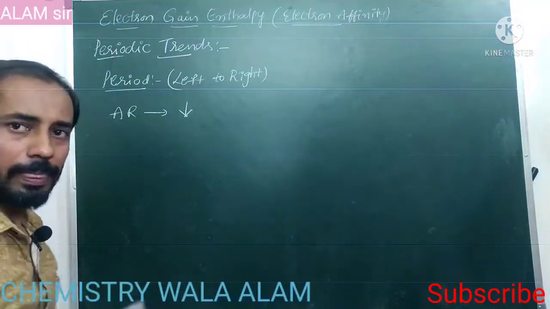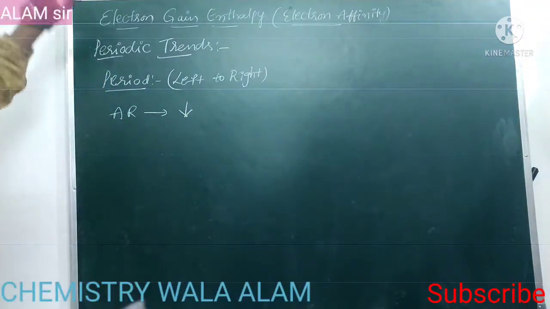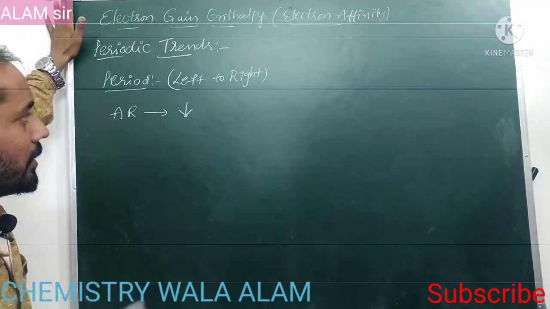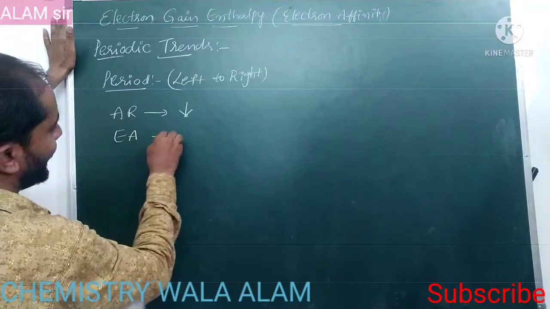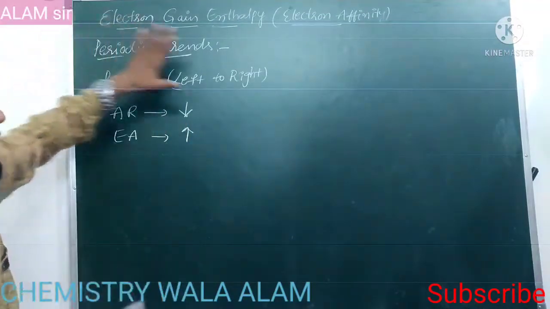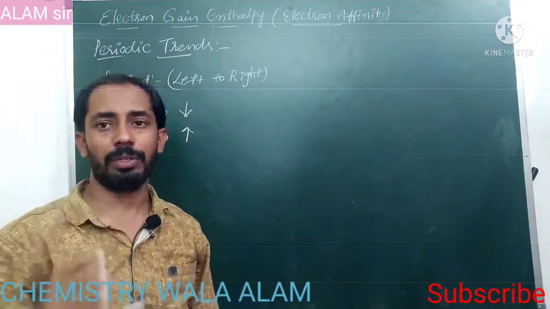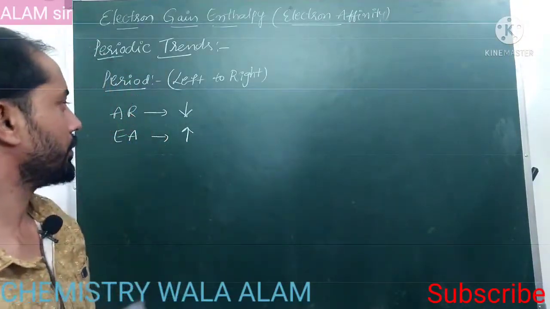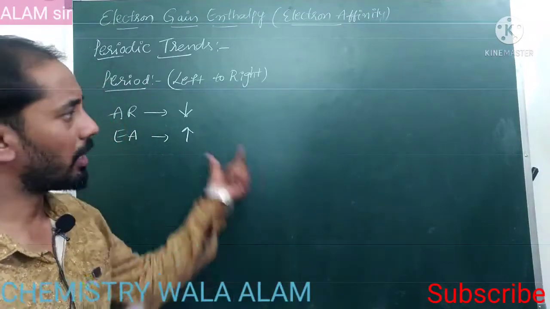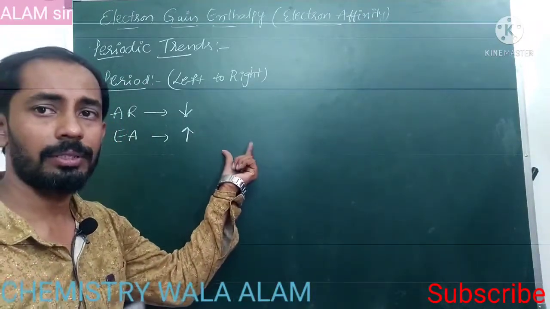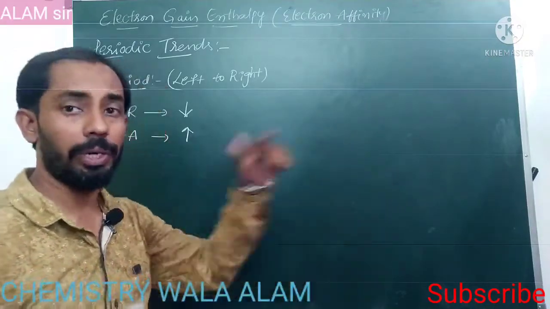If atomic radius decreases, then electron affinity increases. Just now I said that electron affinity is inversely proportional to atomic radius. Atomic size large means less electron affinity; atomic size small means more electron affinity.